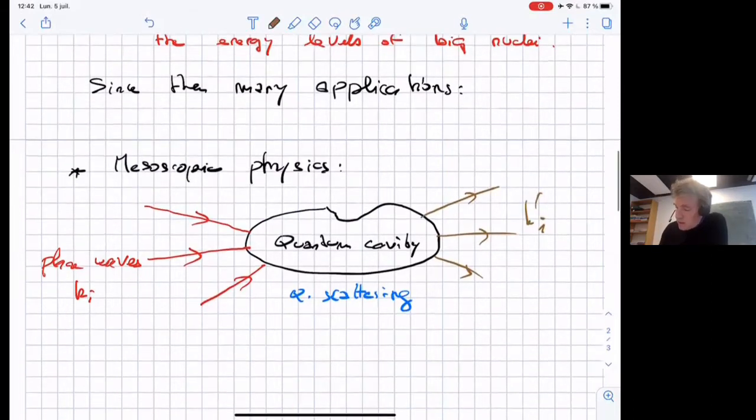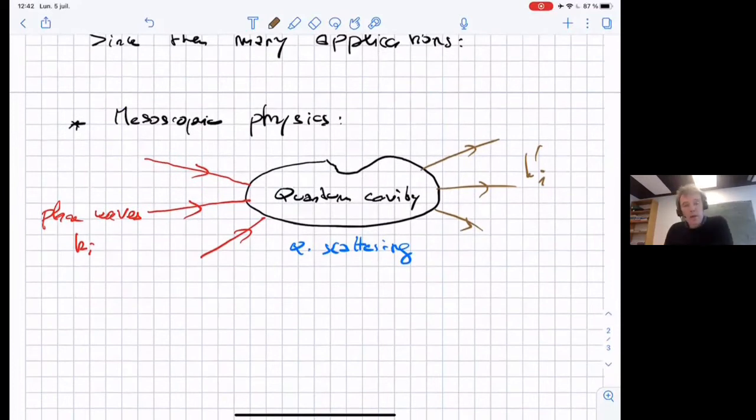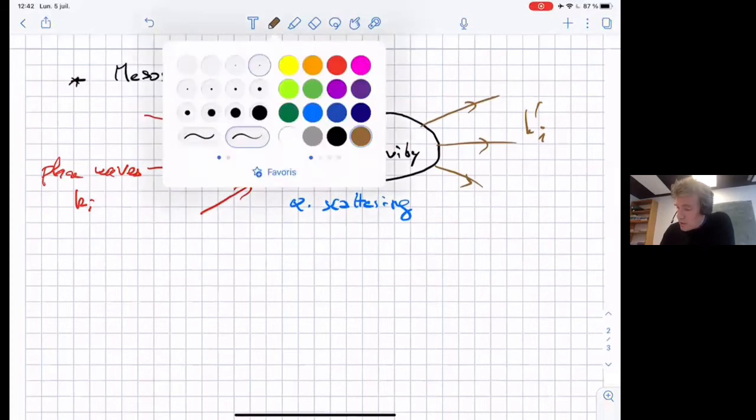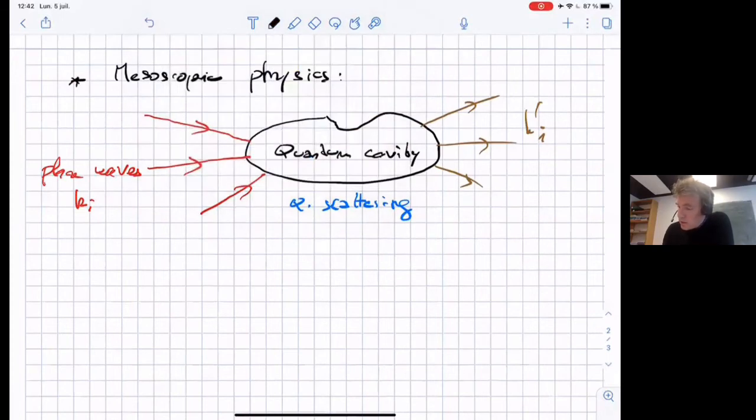k'_i. And a quite natural way of characterizing this quantum scattering phenomenon is just to say that there is a matrix relation between this vector k' in terms of the incident wave vector k, and basically they are connected by a scattering matrix.